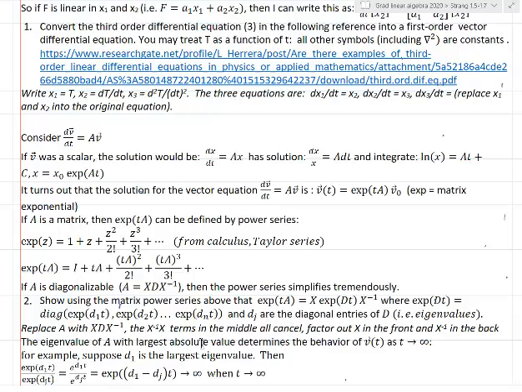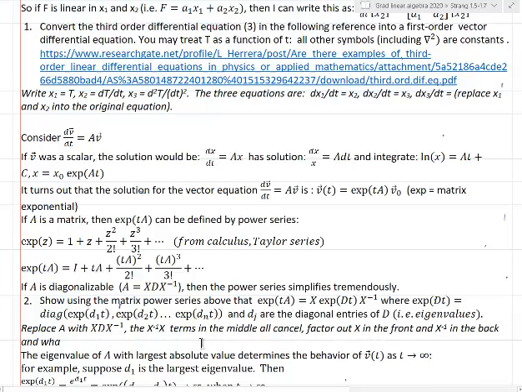What remains is just the exponential of dt. And that's exactly what we wanted to show: x in the front, exp of dt, and x inverse in the back. I'm using there the fact that if you take a diagonal matrix and you raise it to a power, you just get each diagonal entry to that power.